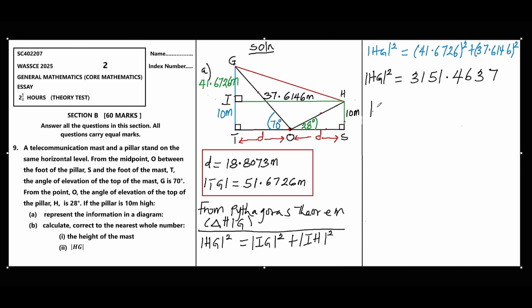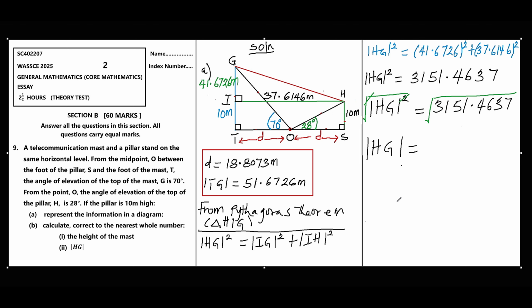But remember, we are looking for HG, not HG squared. So what do we do? We take the square root on both sides.